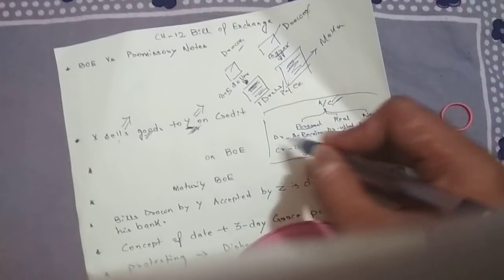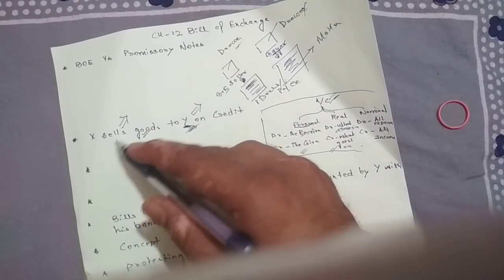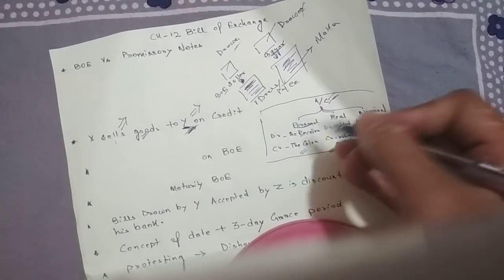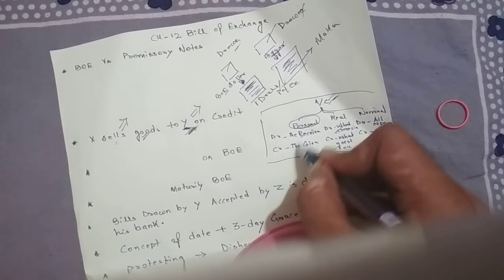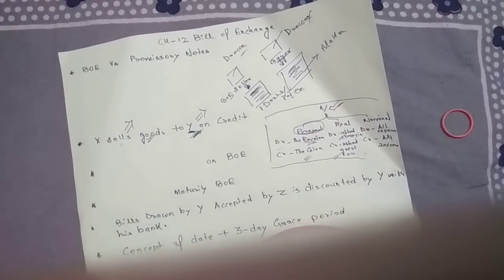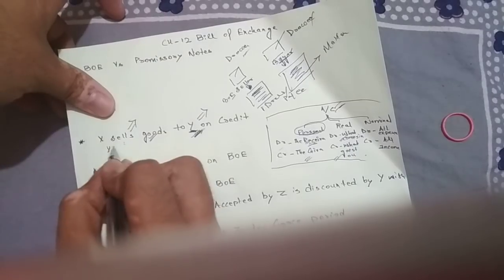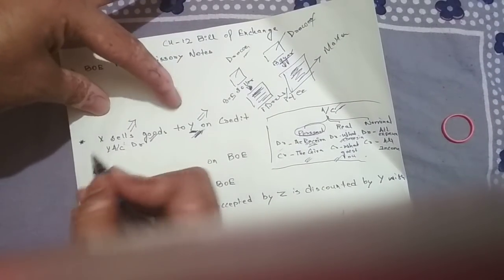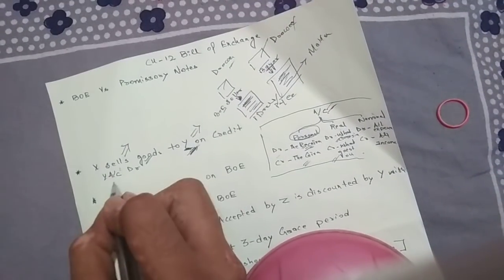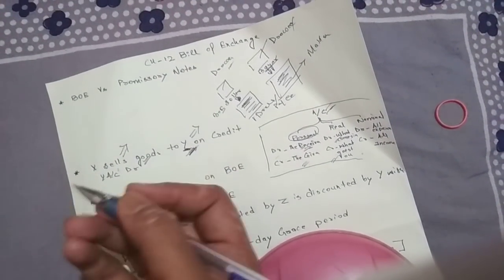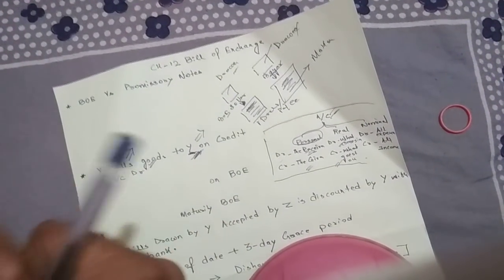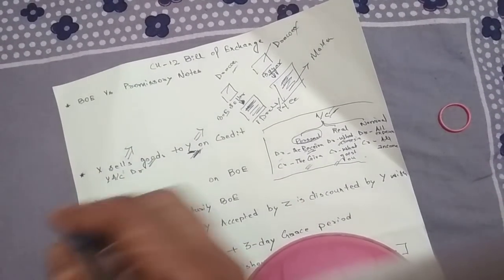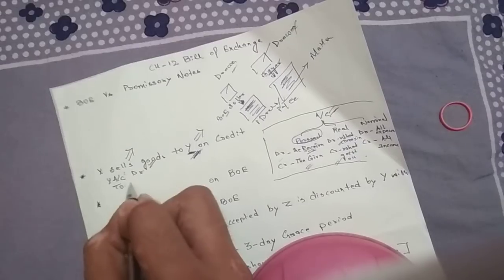Y is the personal account in the X book, and whenever there is a receiver in the personal account, we need to debit it. So in X's books we need to write Y account debited. And what other account is involved? The other account is the goods account, or you can say purchase account. Both are one and the same; for the same thing we classify names depending on the situation. Here we need to write purchase account.